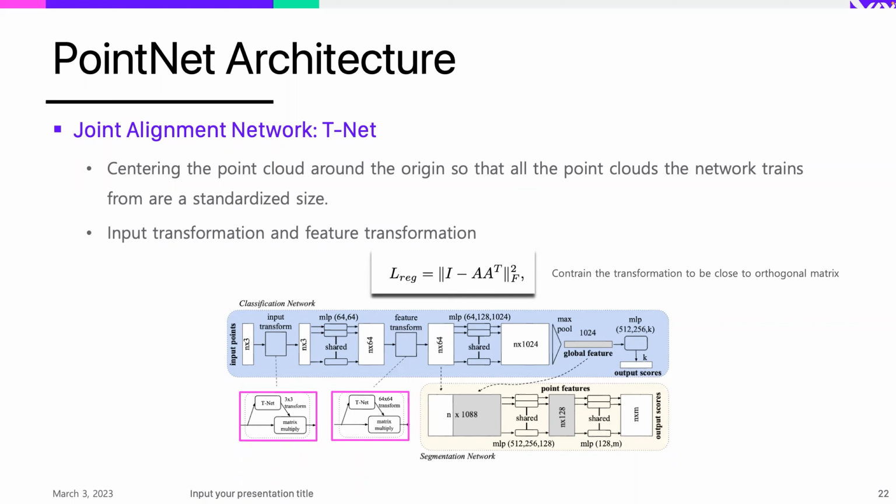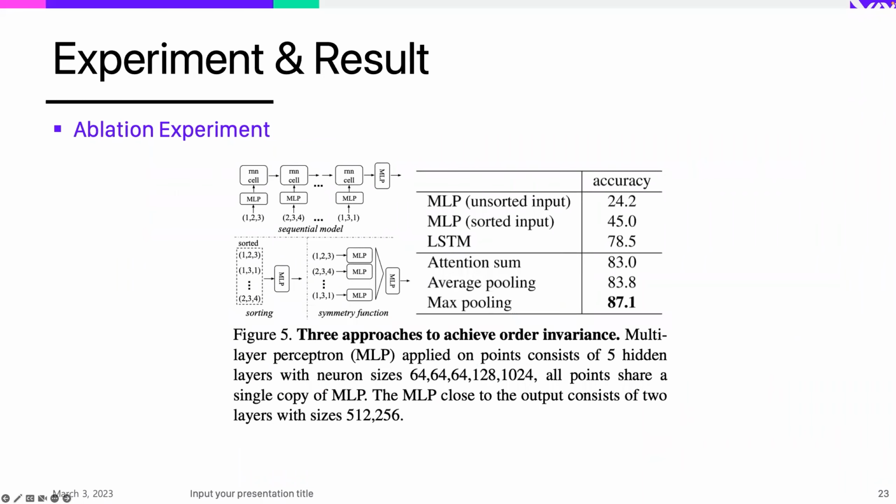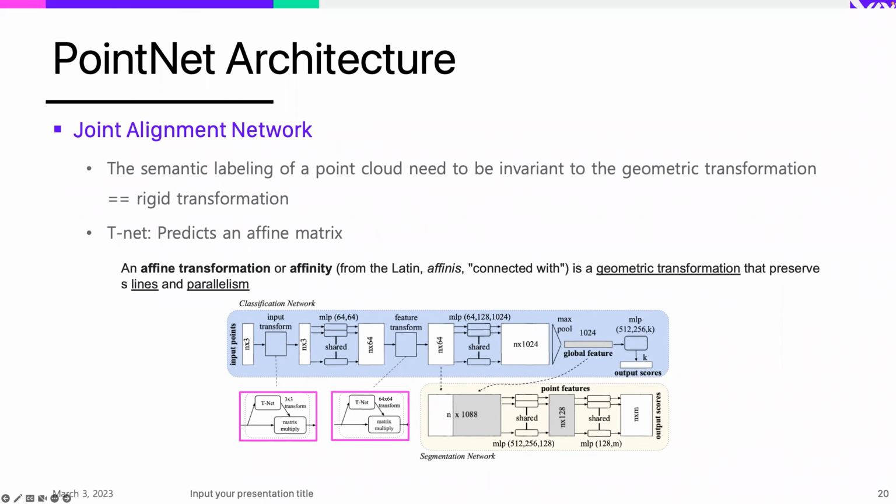I have a question about the TNet again. In my understanding, the purpose of the TNet is to transform the point clouds into the canonical space so that the network can perform robustly no matter what the transformation of the point cloud is, I mean, the rotation and translation.